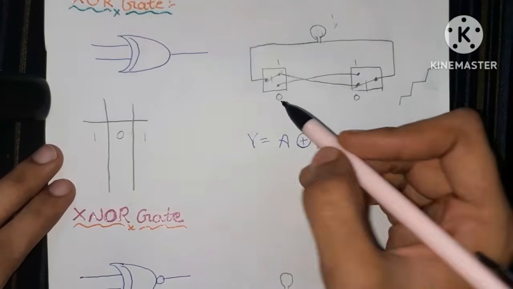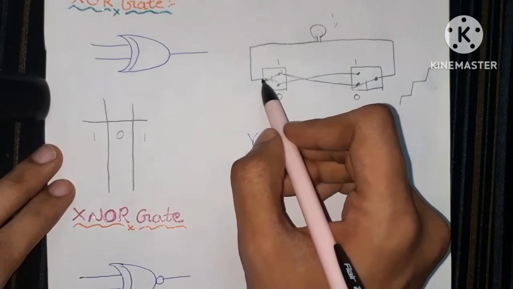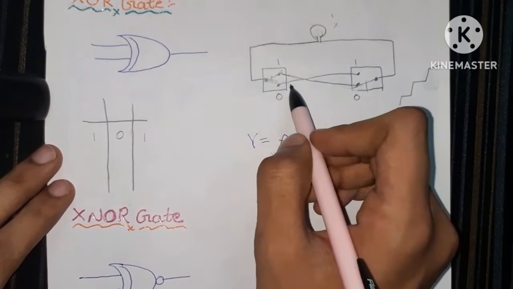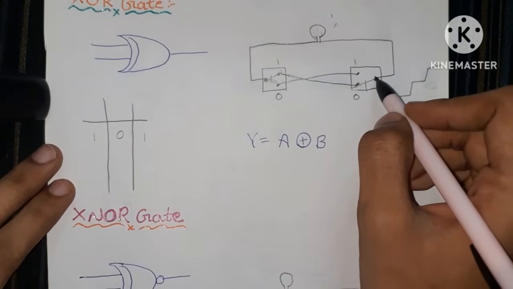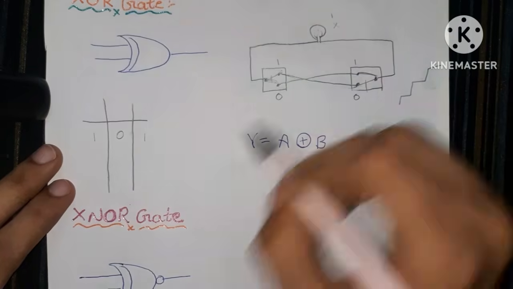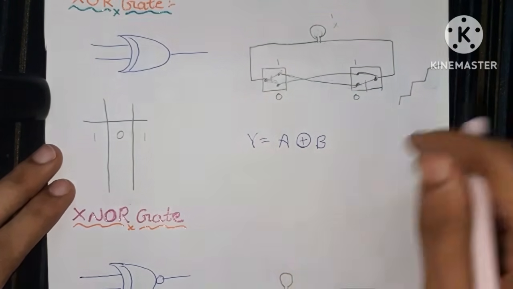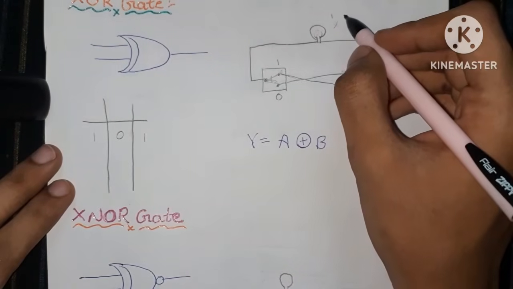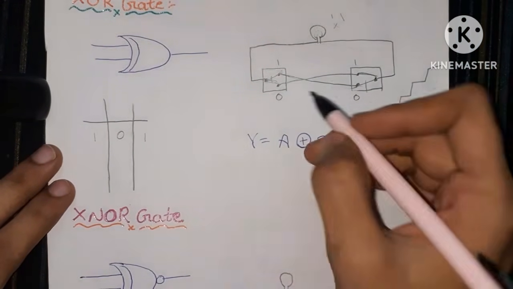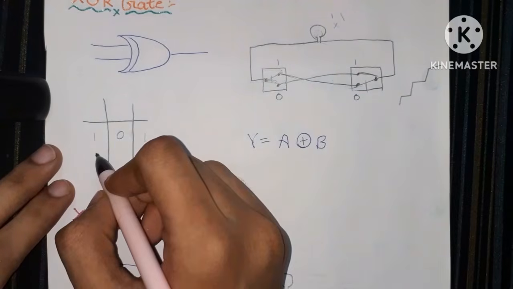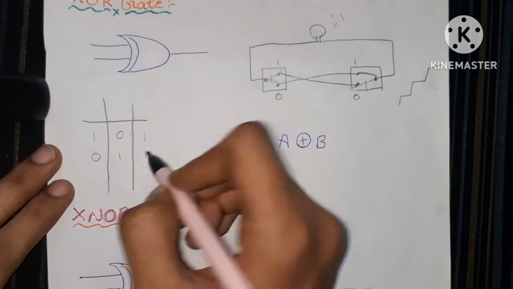Imagine, now if I make a connection between the normal wire and this 0, and between this normal wire and that 1, now the circuit is closed. So will the bulb glow or not? Yes, definitely the bulb will glow. So if it is 0 and 1, then the bulb will also glow.